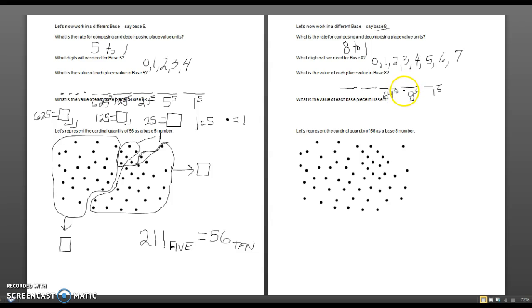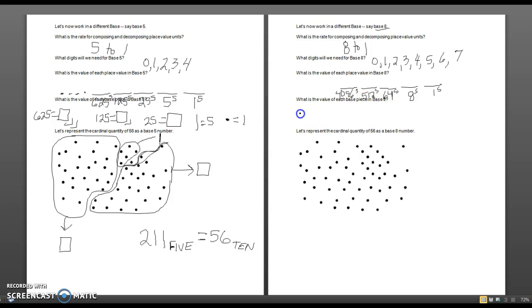Okay. Then when I gather 8 64s, grabbing calculator, I have 512. And when I have 8 512s, I get 4,096s.